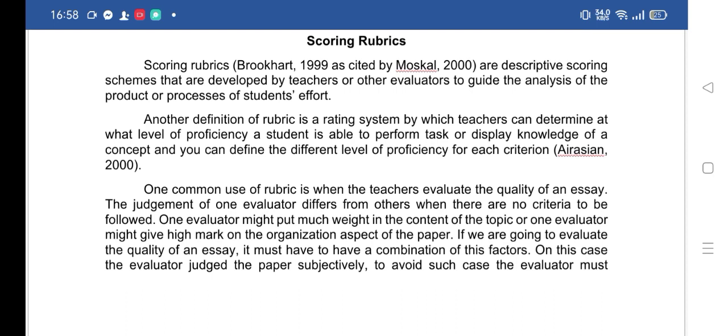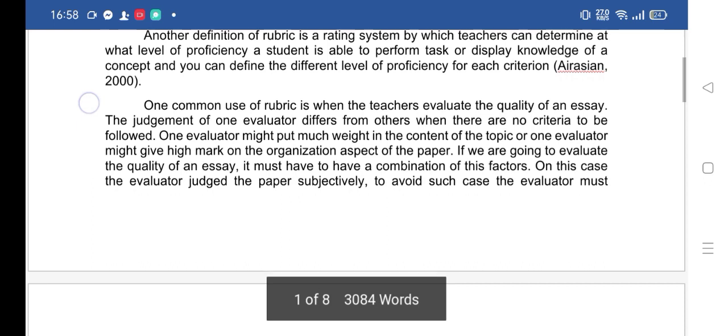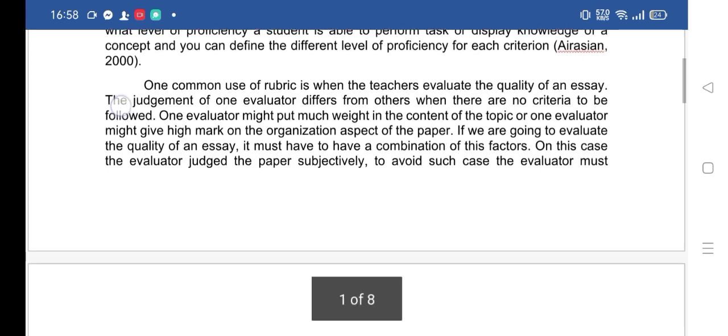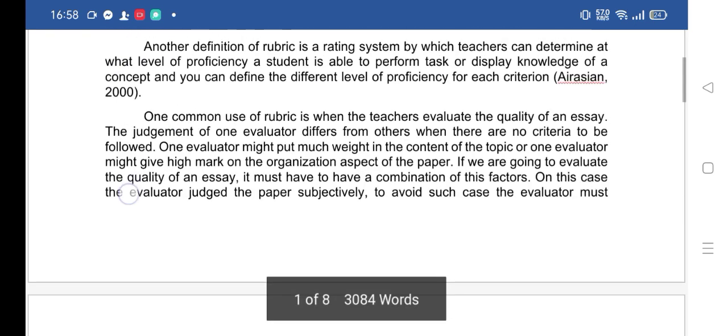Another definition of rubric is a rating system by which a teacher can determine at what level of proficiency a student is able to perform tasks or display knowledge of the concept, and can define the different levels of proficiency for each criterion, according to Airasian 2000.